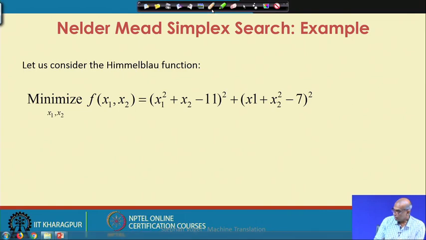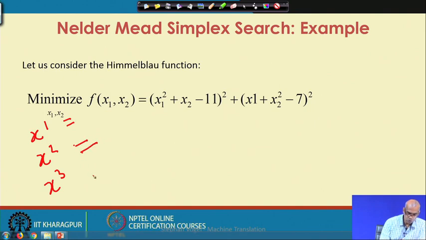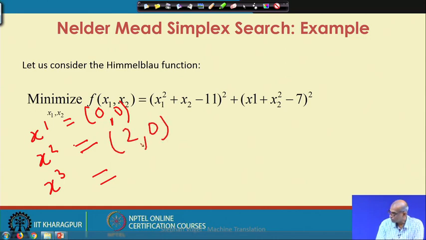Let us consider we have obtained 3 points x1, x2 and x3. Of course, given any point x1, I can find those delta 1 and delta 2 and obtain x2 and x3, but let us say I have been given x1, x2 and x3 as (0, 0), (2, 0) and let us say (1, 1).